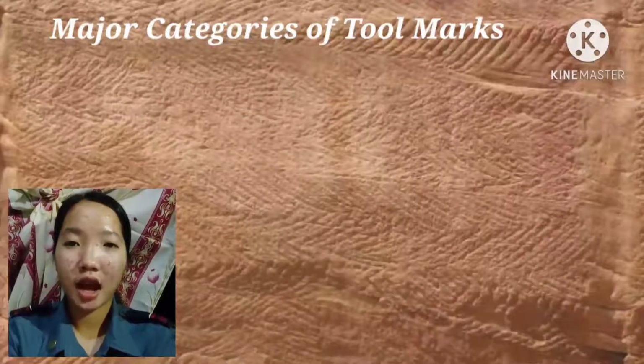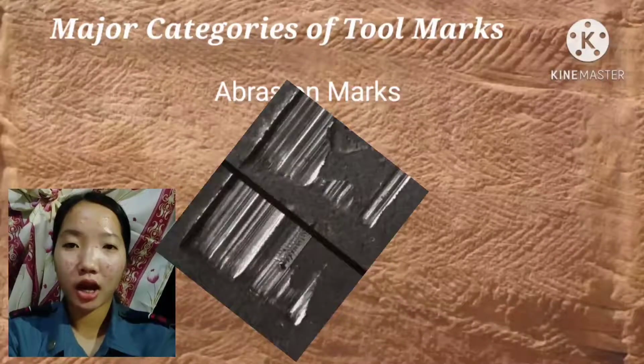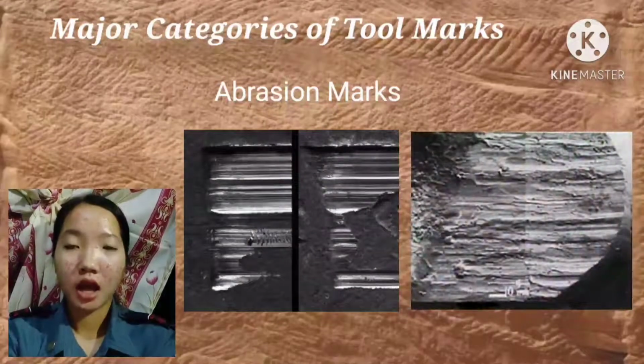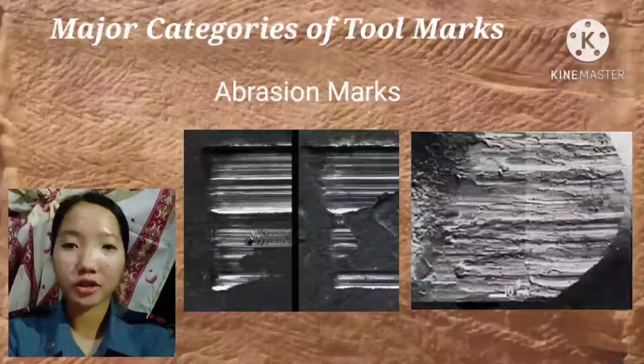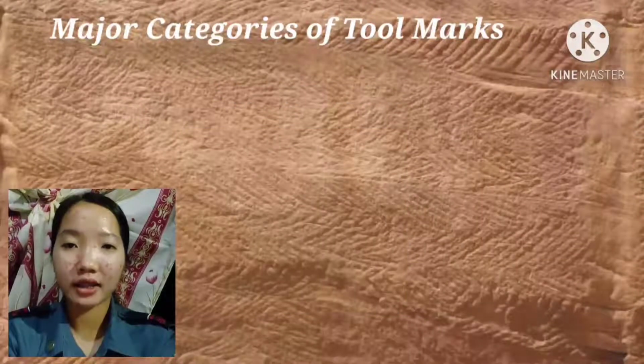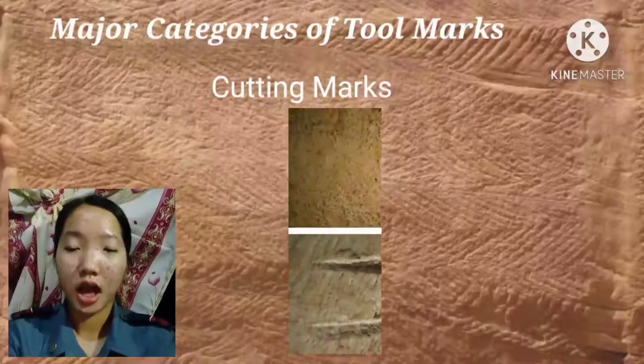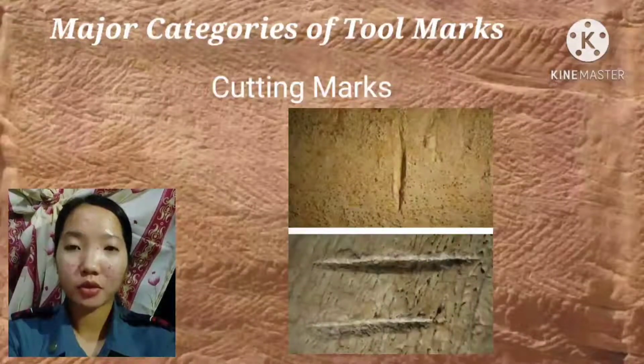Next is the abrasion marks. Ito naman ay gawa kapag ang surface slide across one another. And last is the cutting marks. Ito naman ay nagpo-produce ng cut sa edge ng surface.